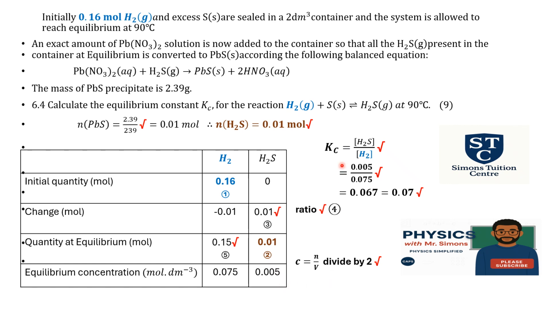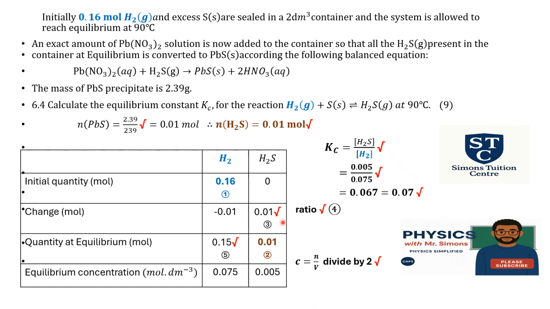Right? For Kc, I assume you remember, it's always the concentration of my products divided by the concentration of my reactants, right? So that is 0,005 divided by 0,075, which then gives me 0,067, which equals 0,07. Right, and it has no units, because it's a ratio of the same item.